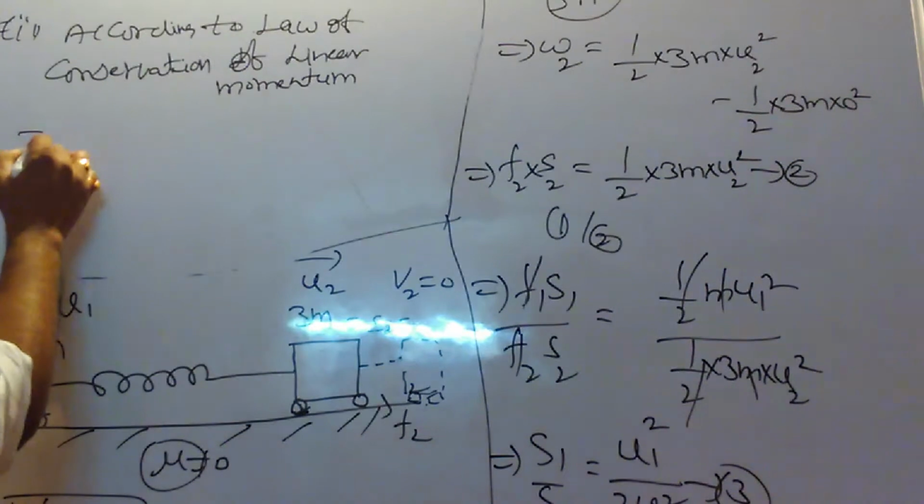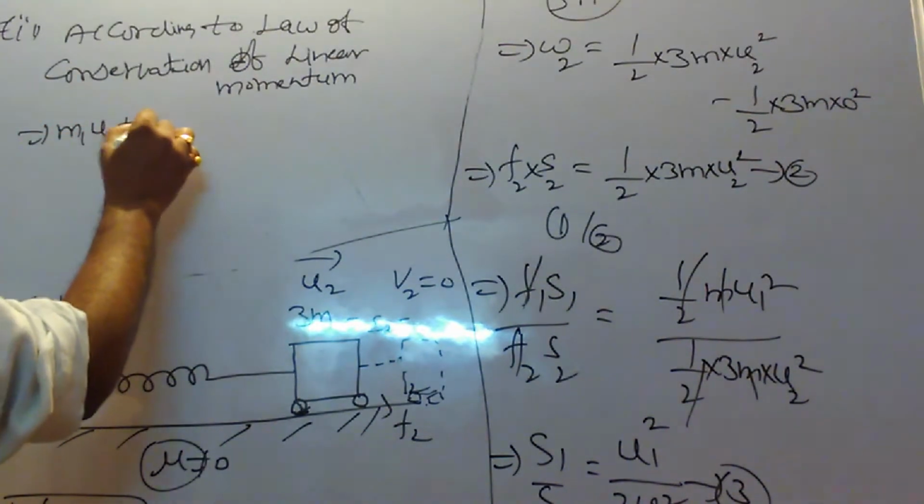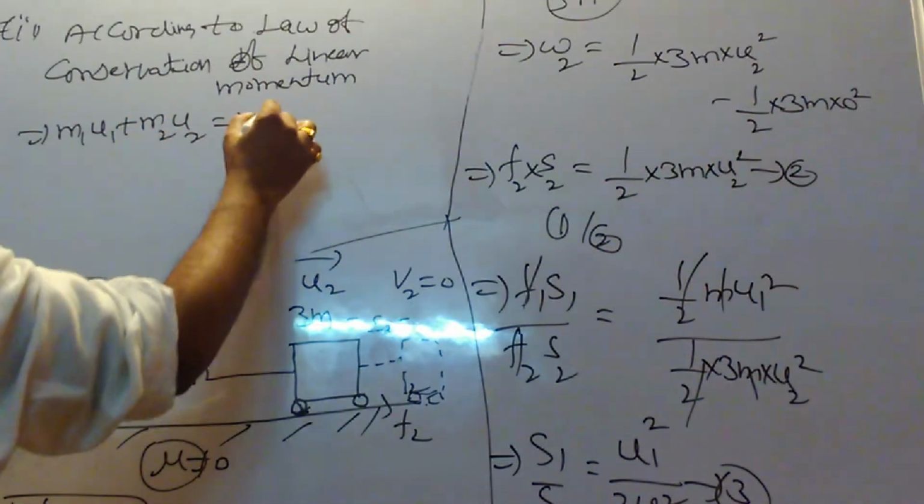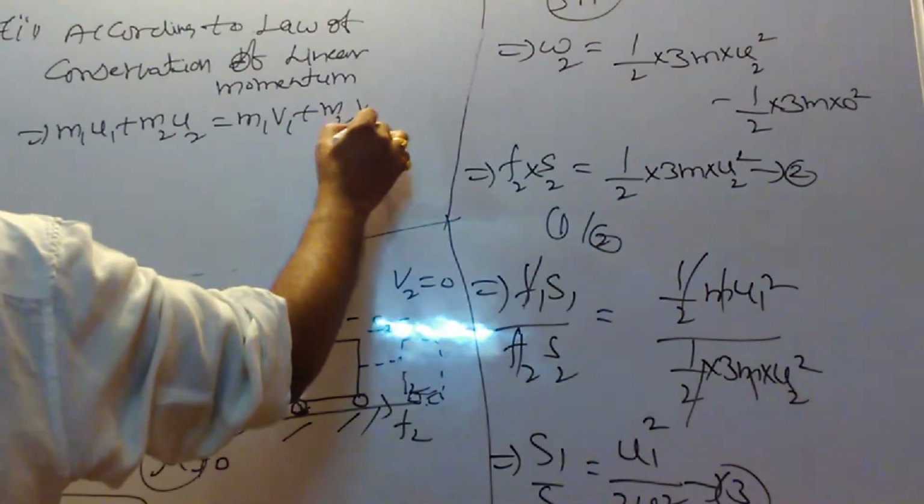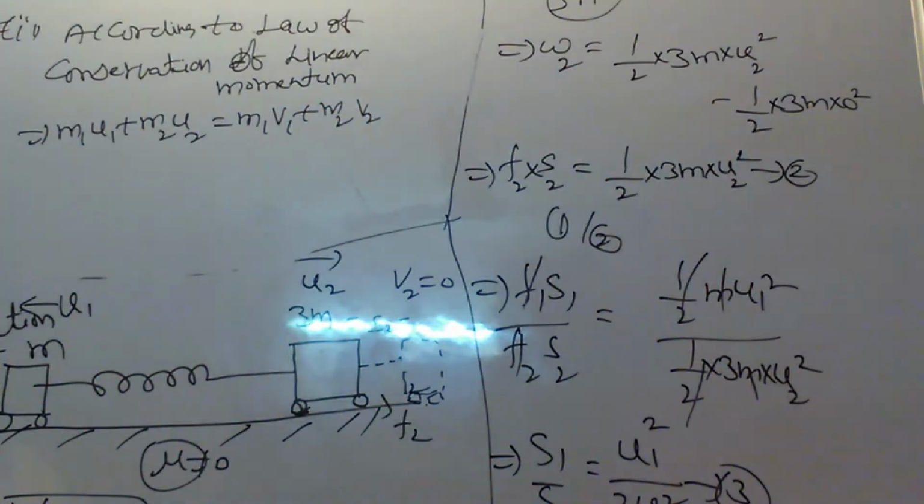What is the formula generally? M1 U1 plus M2 U2 equals M1 V1 plus M2 V2.